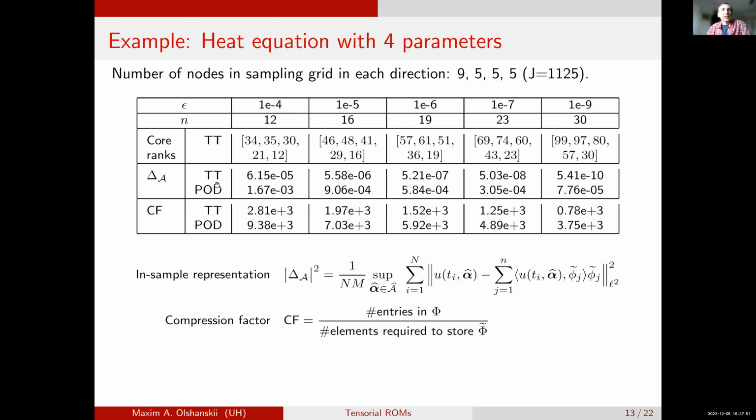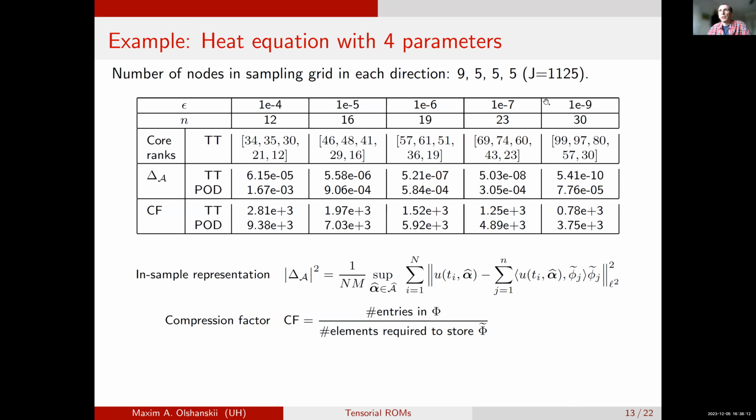The second row compares the accuracy of tensor-ROM and standard POD. These are the gains. This is a measure of accuracy for the solutions, how we represent the solutions.